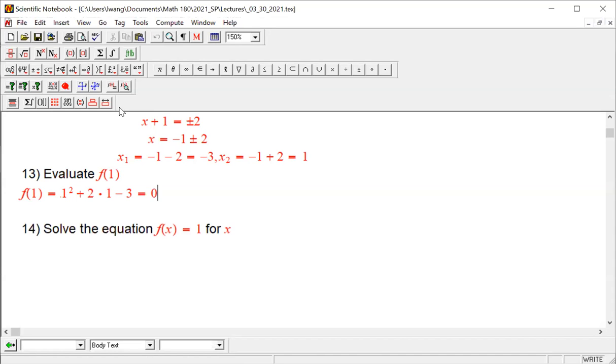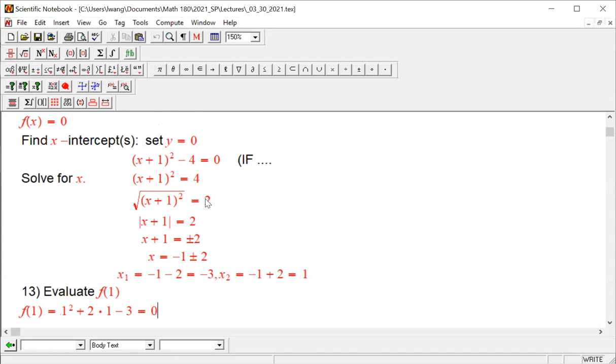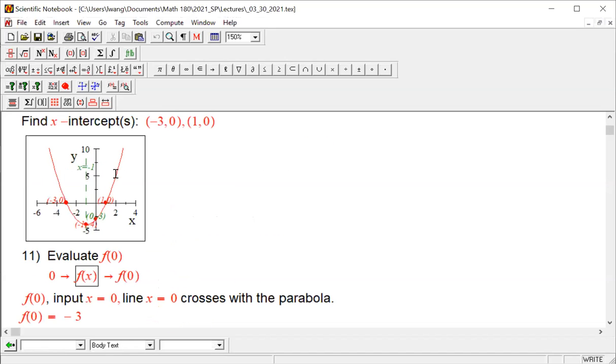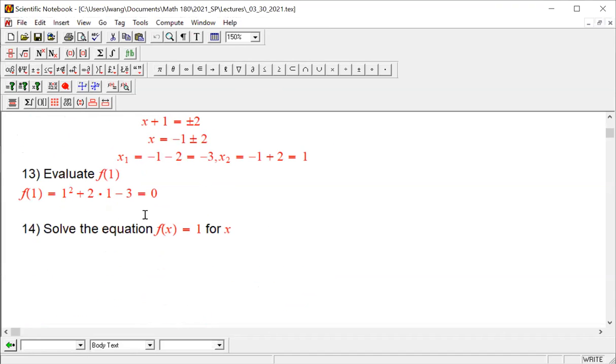So what is the geometric meaning? F of 1 is a vertical cut, right? Yep.